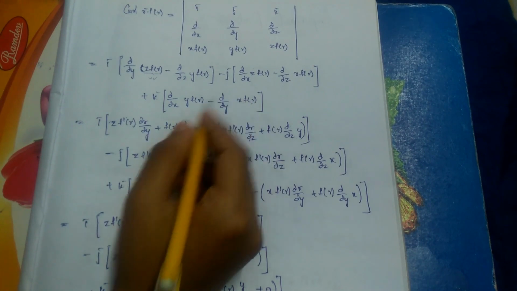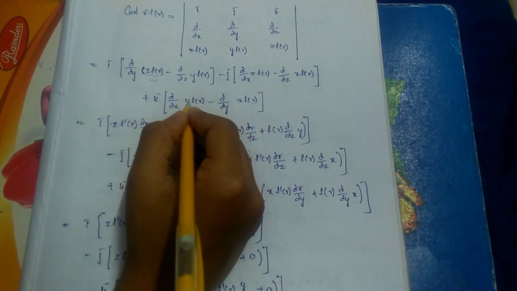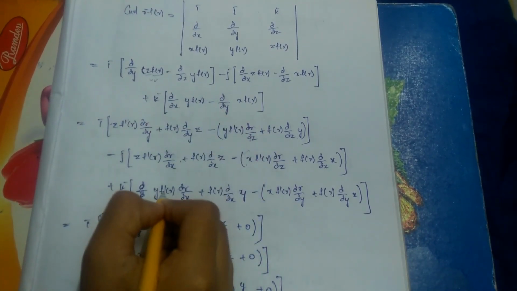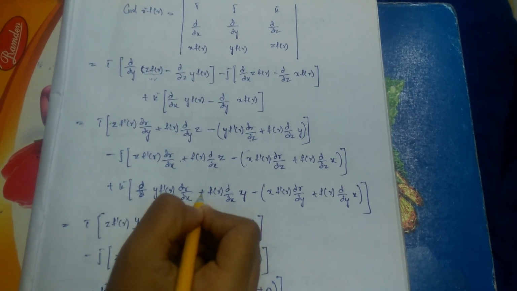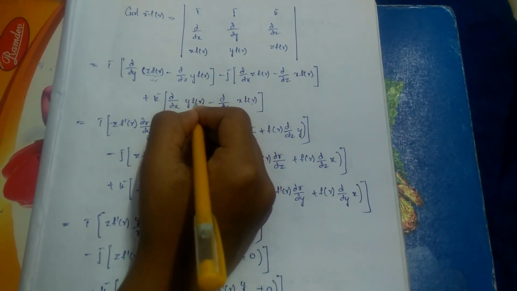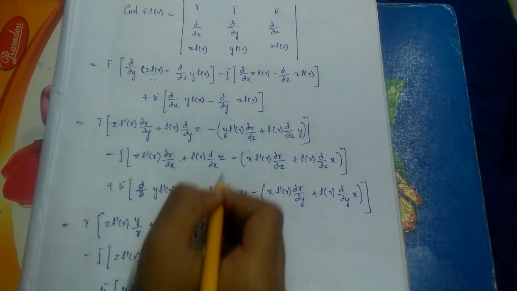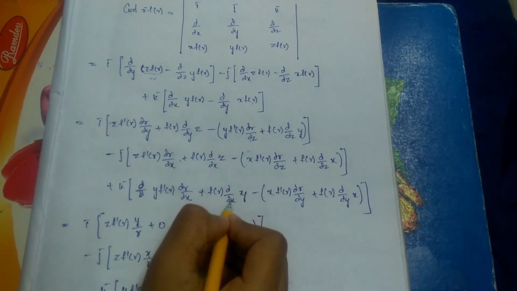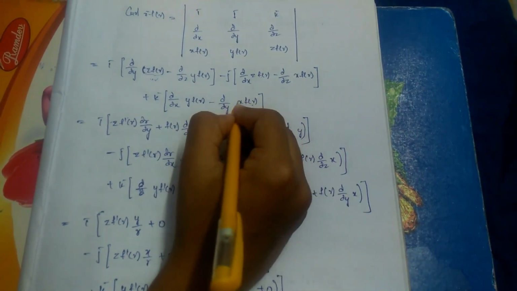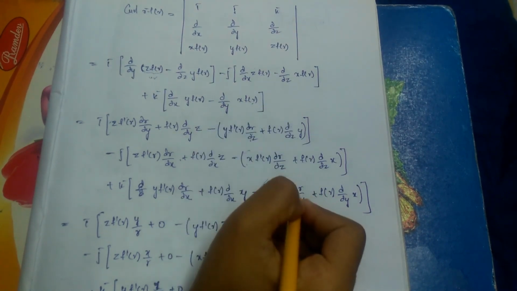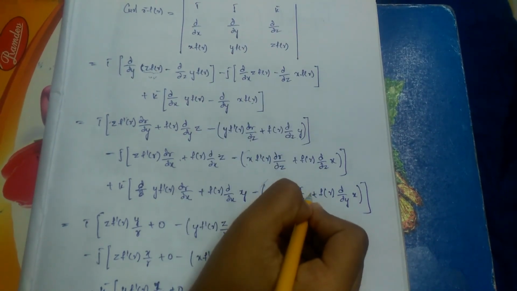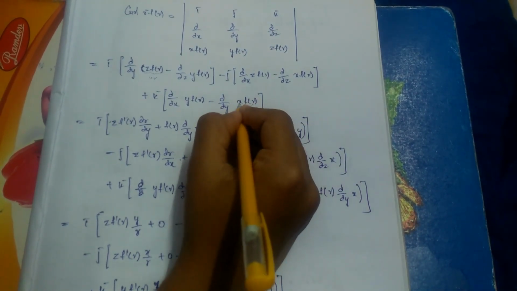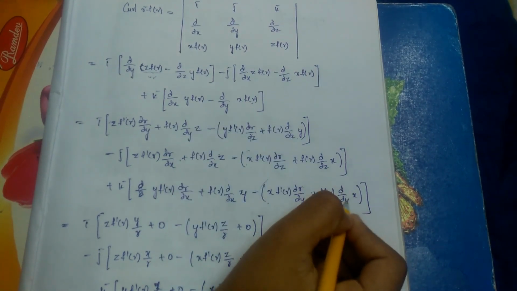Now the k bar coefficient, that is plus k bar of y into f dash of r into dou r by dou x plus f of r into the differentiation of y with respect to x, that is dou y by dou x, then minus of x into f dash of r into dou r by dou y plus f of r into the differentiation of x with respect to y, that is dou x by dou y.